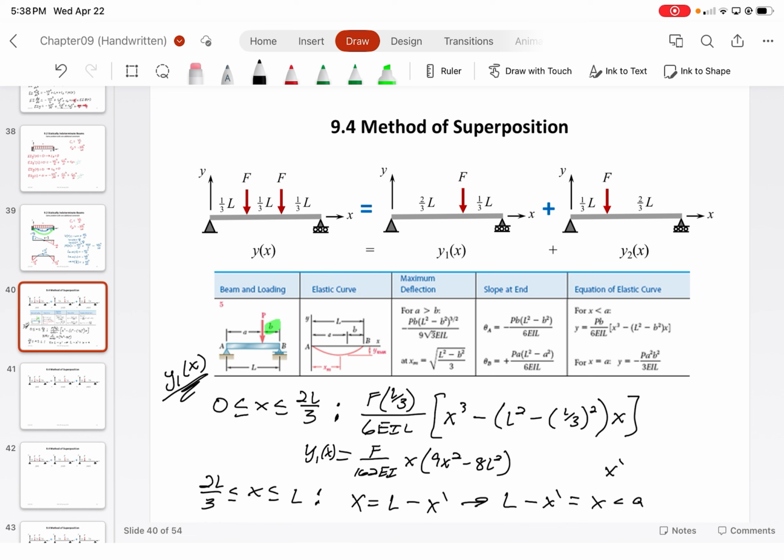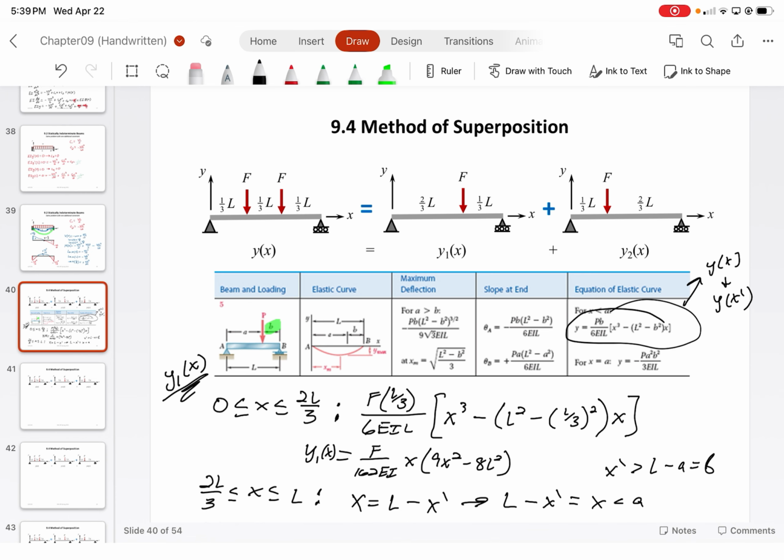In other words, that's saying that x prime is greater than L minus a, which is the same thing as saying b. So we could replace this entire equation here, and instead of y of x, this would just become y of x prime. Does that make sense?